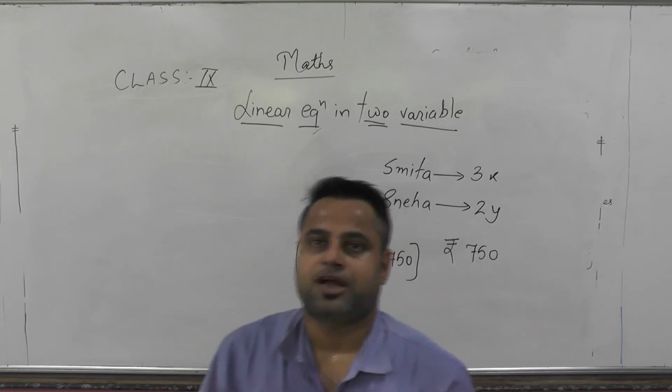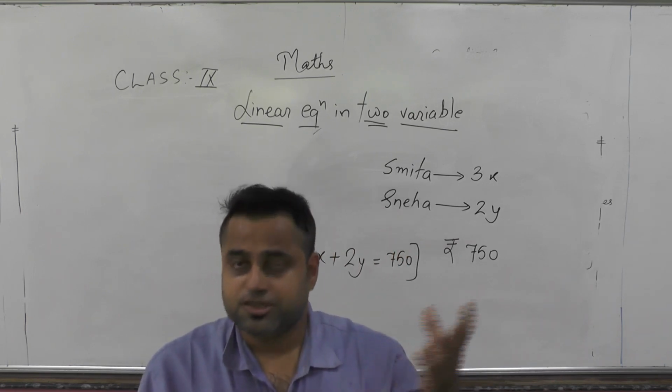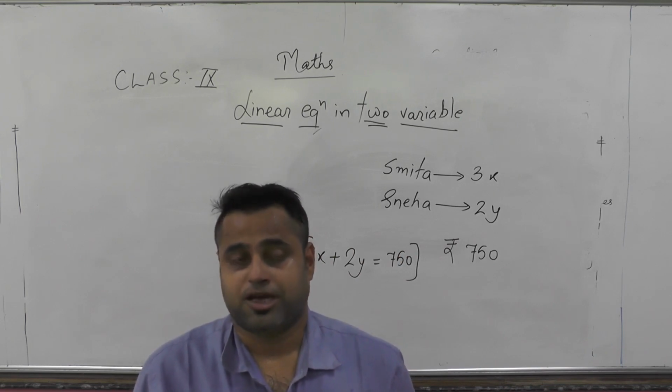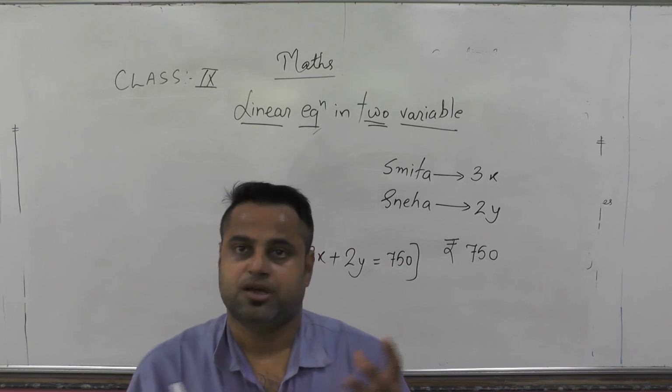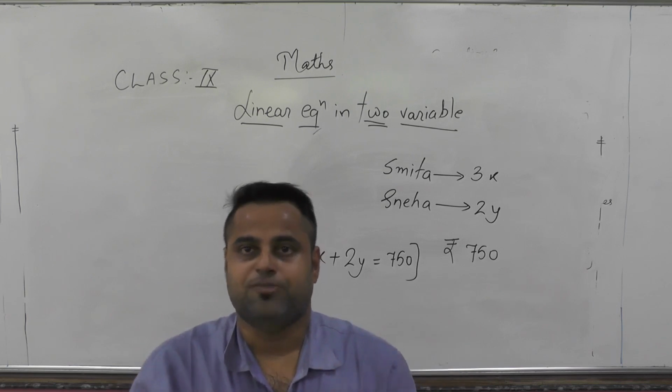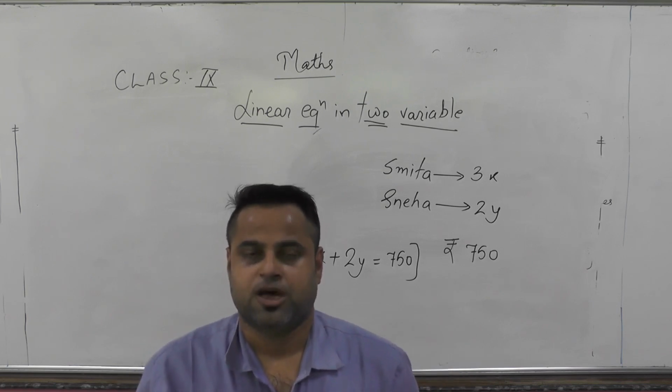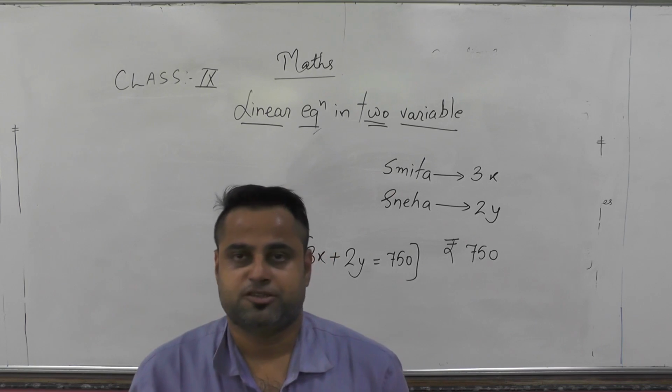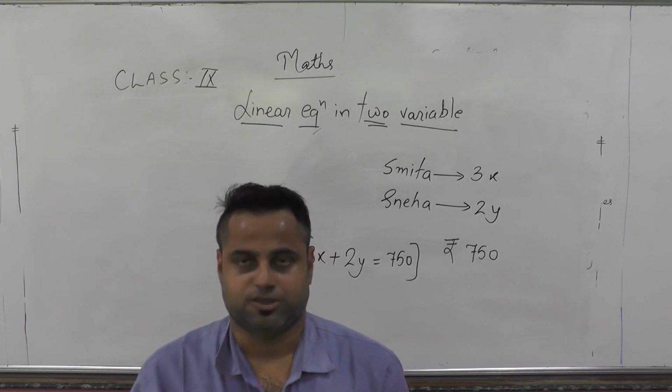So 5 times the value of x for the rice and 10 times the value of y for the wheat. Together we can join them so that it results in 1000 rupees. That's how you can make different equations with different contexts and situations.